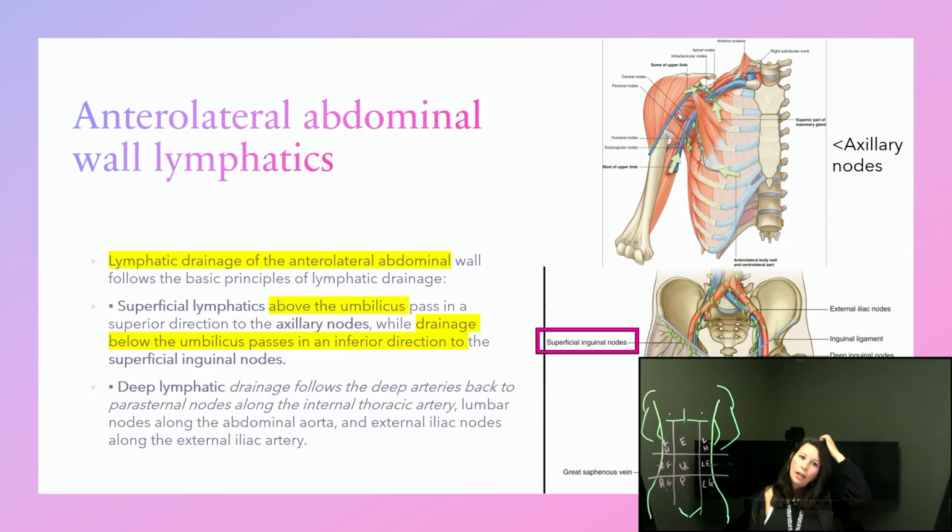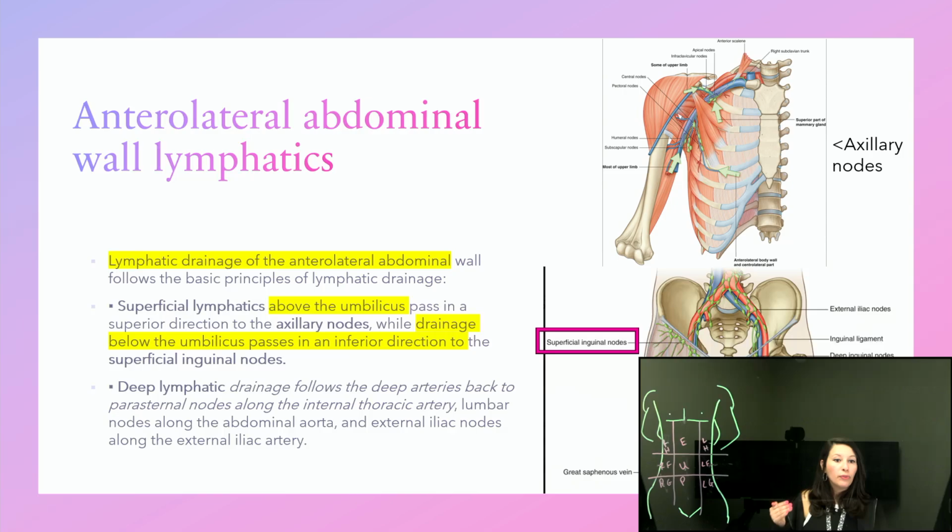Okay. Another important thing that we have to talk about is the wall lymphatics. I know that lymphatics is usually not one of the favorite topics, however, it's super important, especially in clinical correlations like cancer, for example.